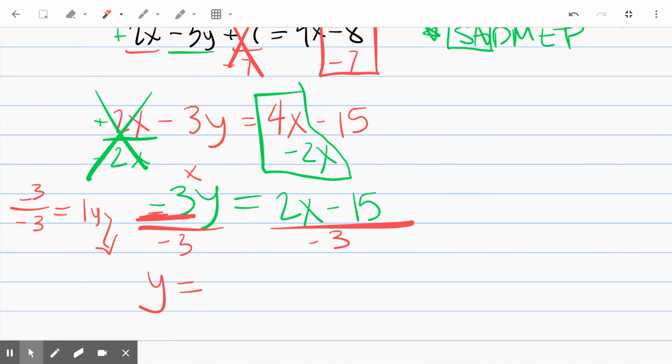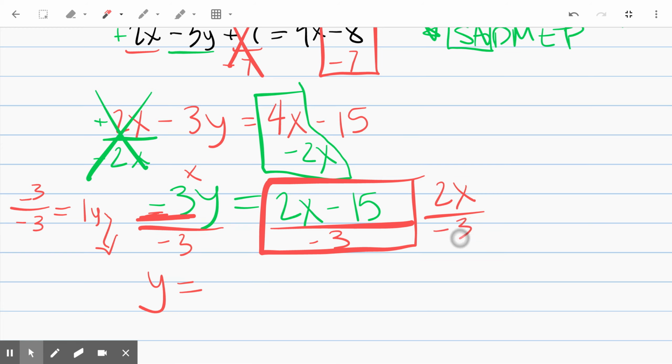So we have y equals, now again, over here, we can essentially just split these terms up like we did before. Keep in mind you have to keep that negative there, okay? Over here, we have 2 divided by negative 3. That gives us a funky decimal again, so I'm just going to keep it in fraction form. Make sure I keep that negative.